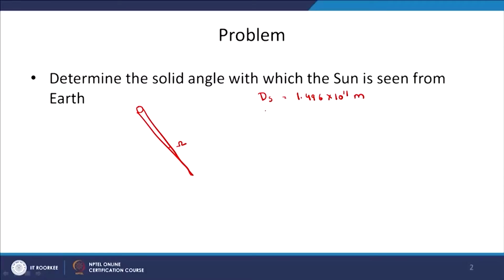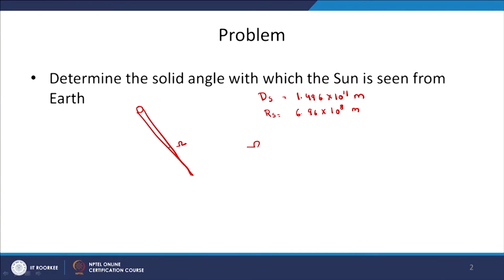Then the sun is seen just like a circular disc with radius equal to 6.96 × 10^8 meters. So, how do we calculate the solid angle? The solid angle of the sun as seen from earth is defined as the projected area.